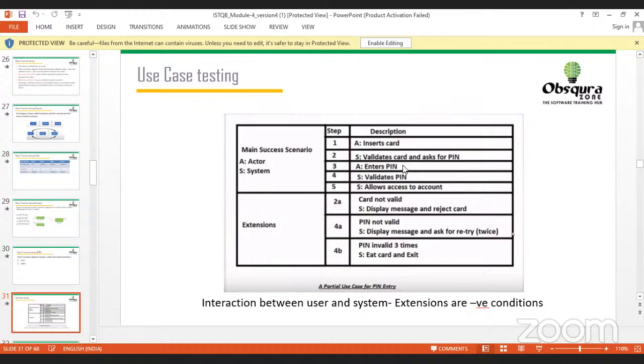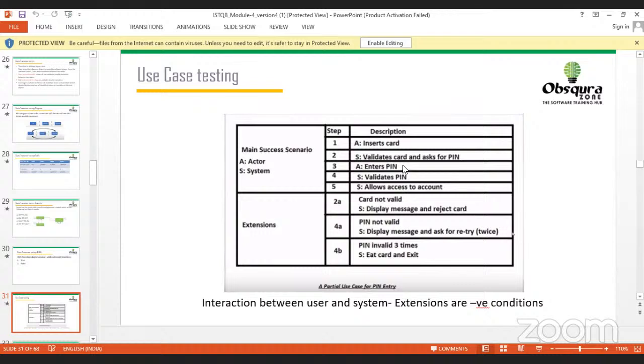Then the system allows access to the account. So there can be many scenarios, right? And these are the extensions. Extensions are the negative conditions. So the main success scenario is this: it validates the pin, the pin you have entered is correct, and you are allowed to access your account.